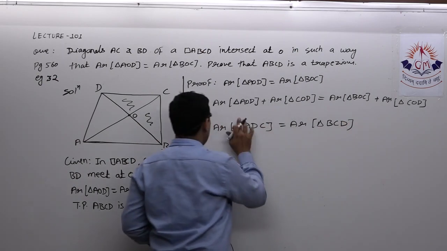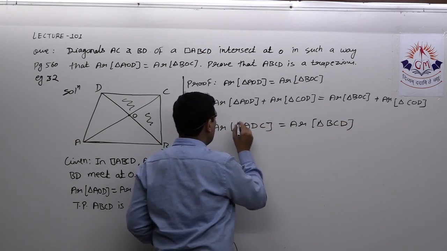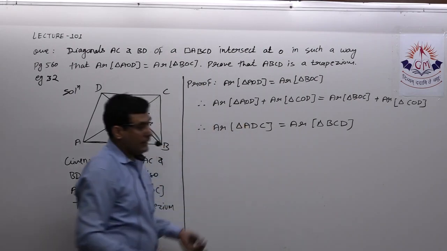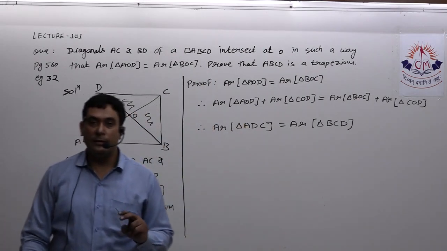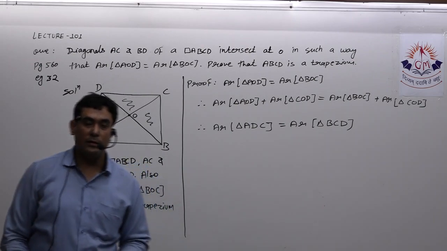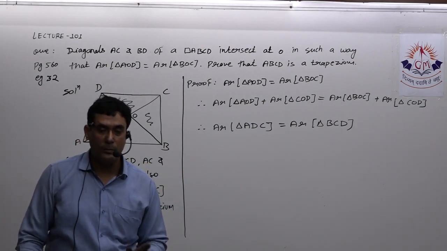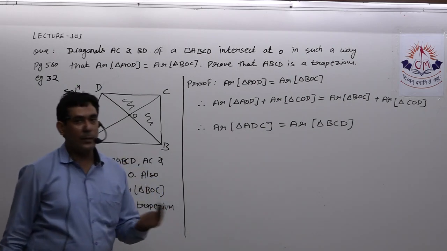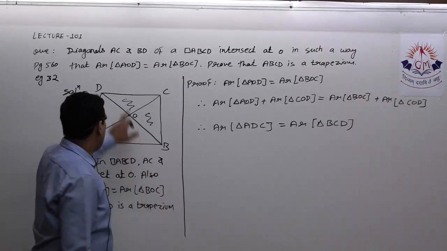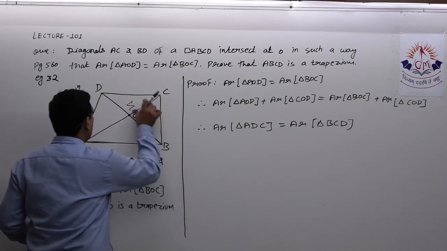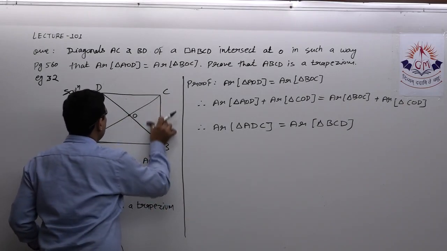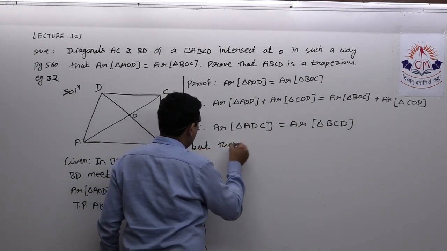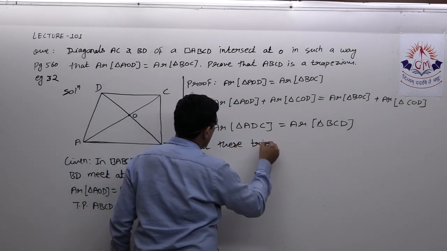Now we can see that these two triangles have the common base as well as they are equal in area. So we had a theorem that if there are two triangles which have a common base or equal base as well as they are equal in area, they must lie between the same parallels.